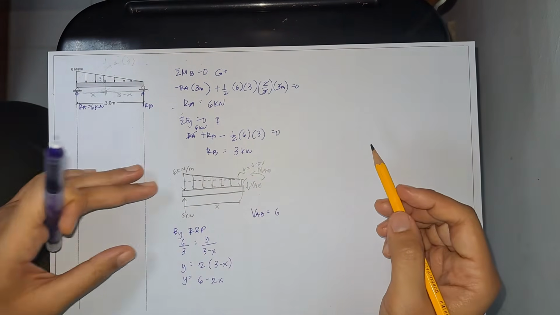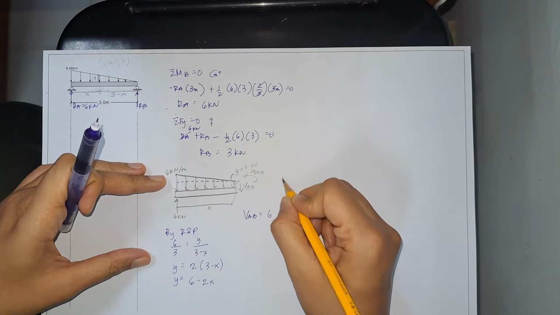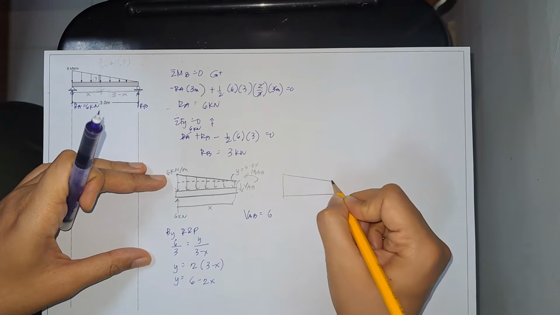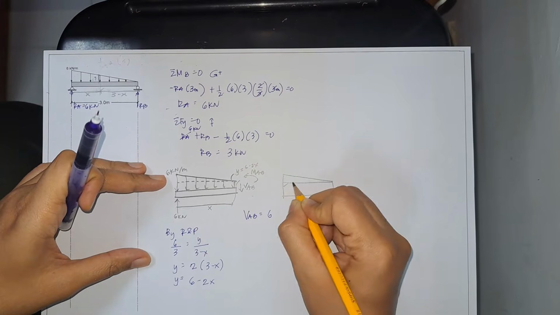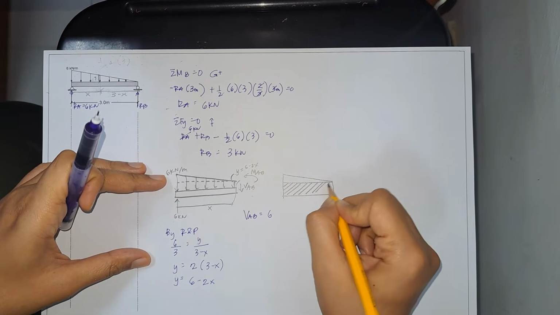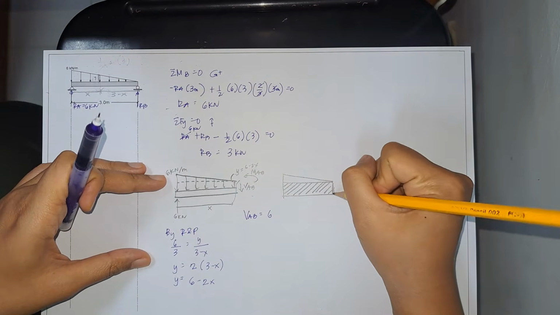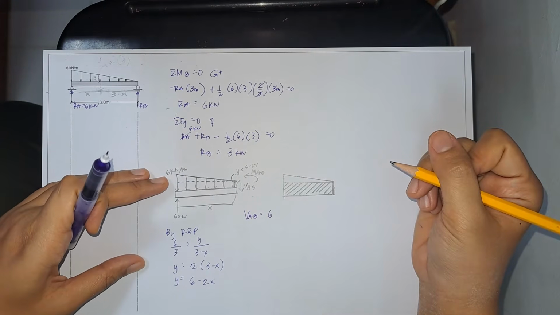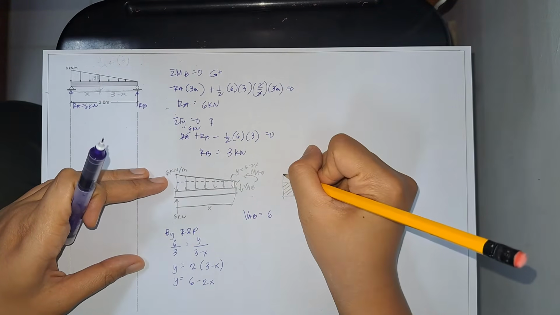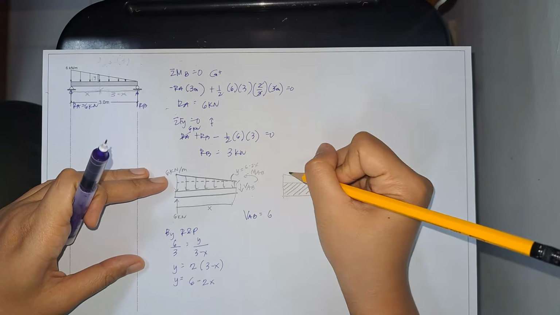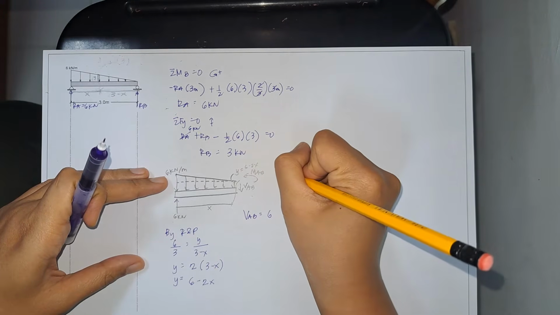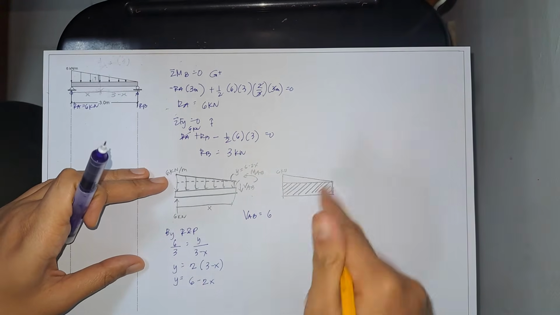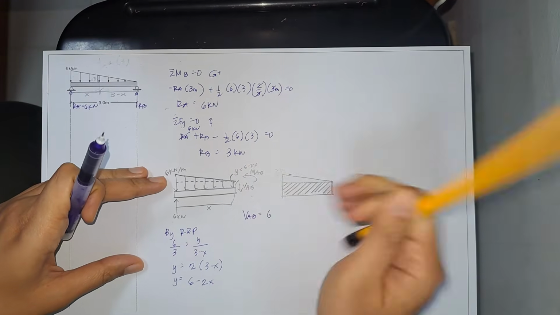Hatiin natin siya. So, kumbaga, dalawang shape. Uunahin ko yung rectangular muna. So, this is equal to 6 kilonewton per meter. Sige, lagyan natin dito.